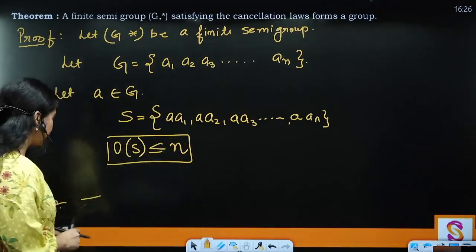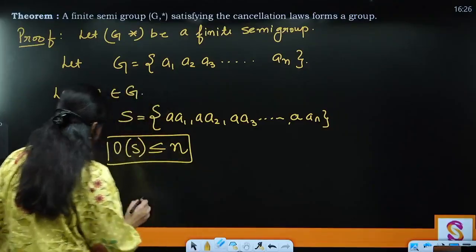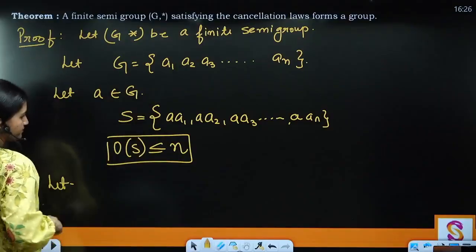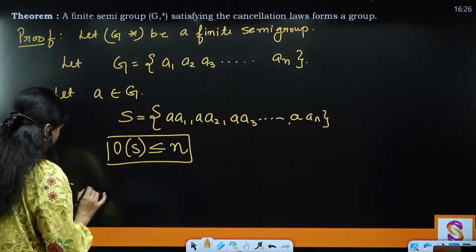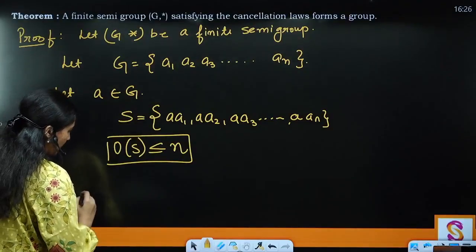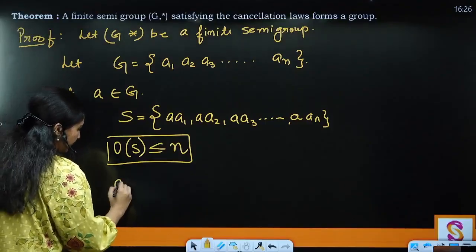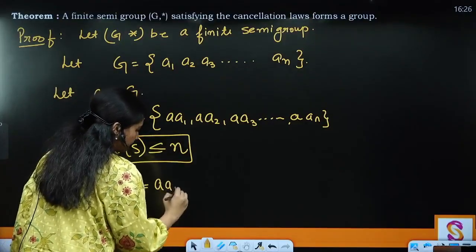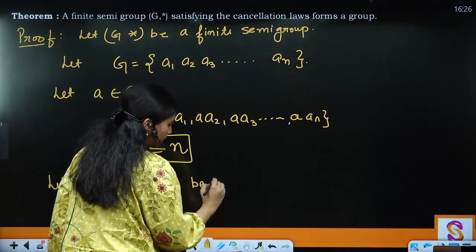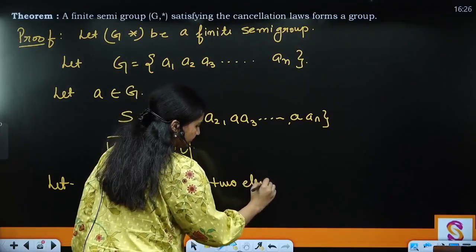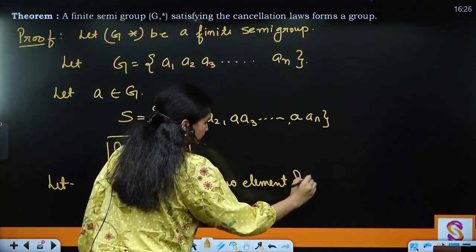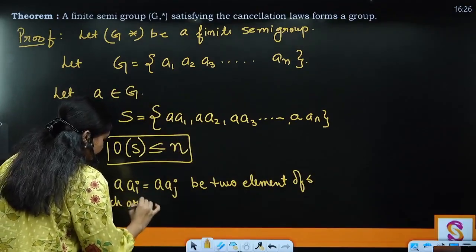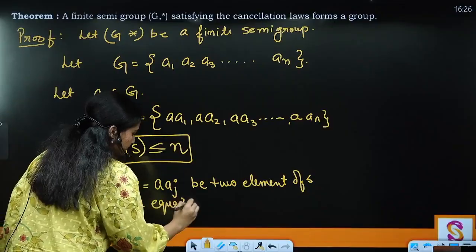For that, we'll take two elements from the set S, any arbitrary elements. Let AAI equals AAJ be two elements of S which are equal, right?